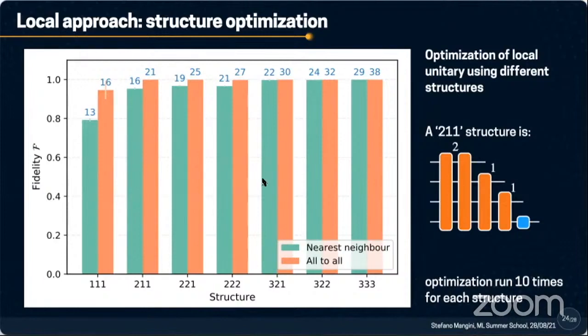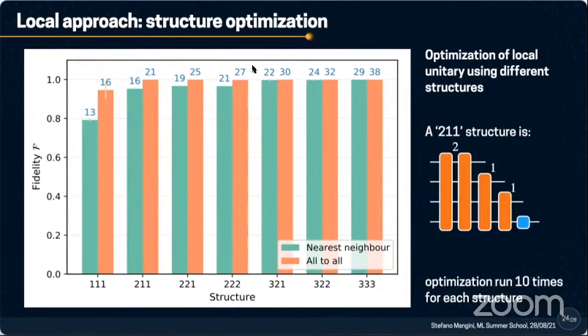And what we see, for example, is that the 3-2-1 structure, which we call the always decreasing structure, actually gives maybe the best trade-off between the depth of the circuit, which are these blue numbers on top of the columns, and the performance, because both the all-to-all and the nearest neighbor entangling schemes reach good enough performance, which is actually very close to 1.